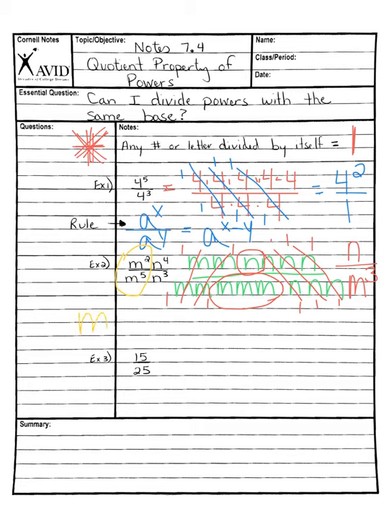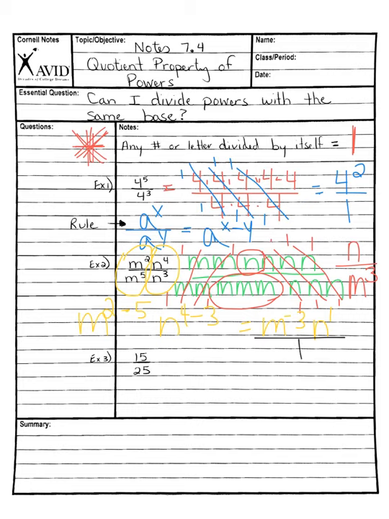This is saying m to the 2 minus 5, because we're subtracting them because it's division, and n to the 4 minus 3. And if we simplify that, 2 minus 5 is m to the negative 3 and n to the 1. But remember, if it is simplified, we cannot have a negative exponent.